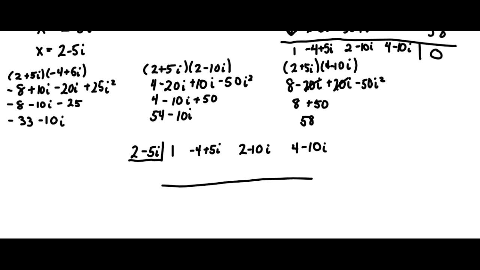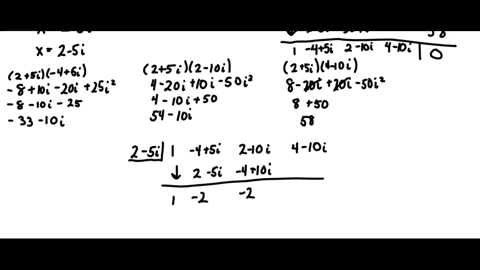And the 1 comes down. We get 2 minus 5i. Negative 4 and 2 gives me negative 2. And then the 5i and the negative 5i cancel out. So now I can just take 2 minus 5i times negative 2 and distribute the negative 2, which gives me negative 4 plus 10i. 2 and negative 4 is going to give me negative 2.